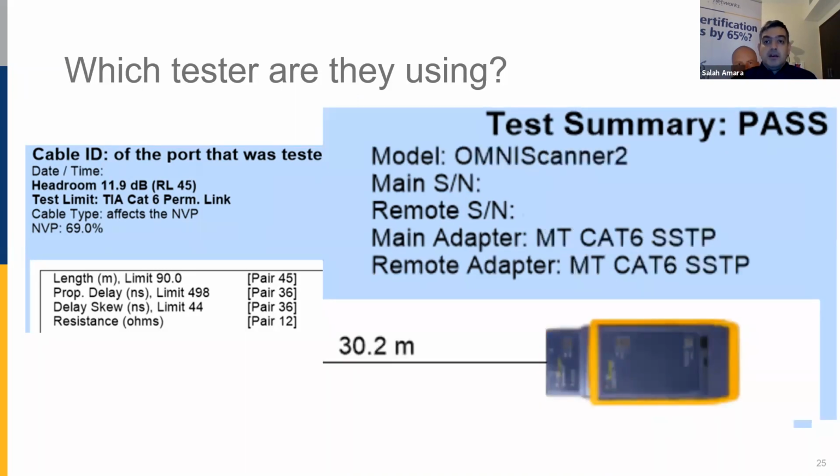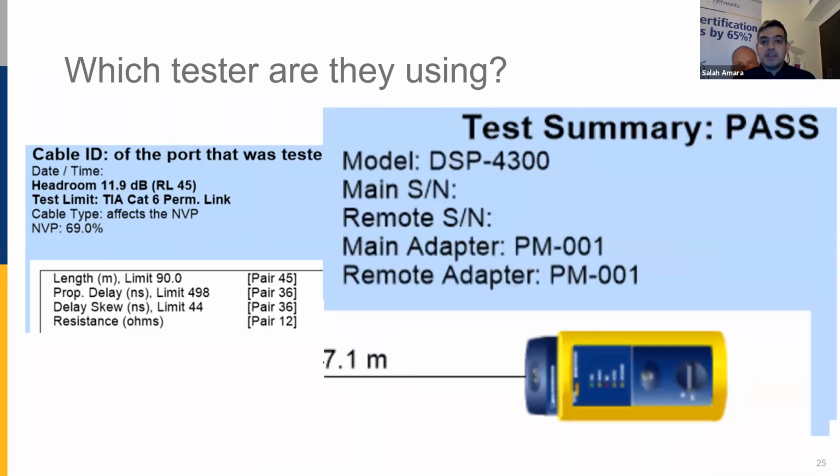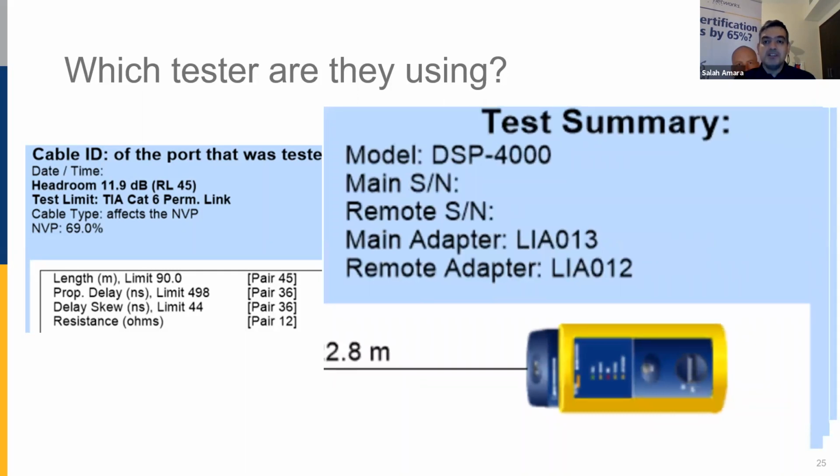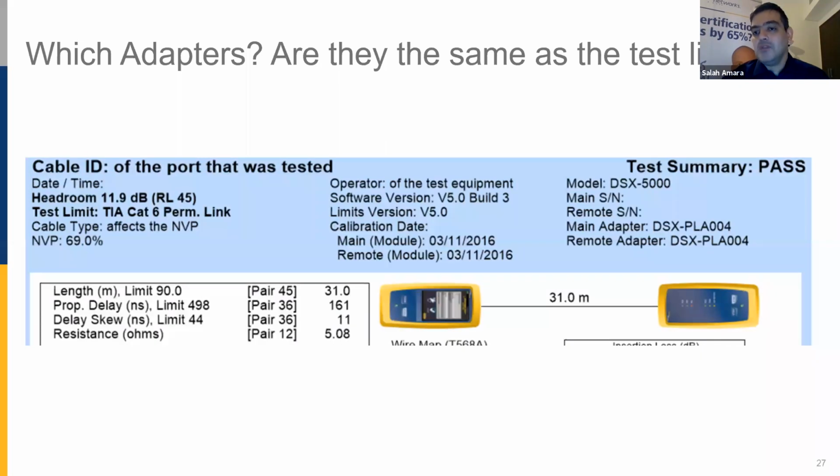I'm not sure if many of you remember the Omni Scanner 2, the DSP 4300, the DSP 4100. Honestly, I did not test with those. I did not see them in real life in my life. But I think many of my colleagues who have been in the company for 25 or 30 years have seen them.